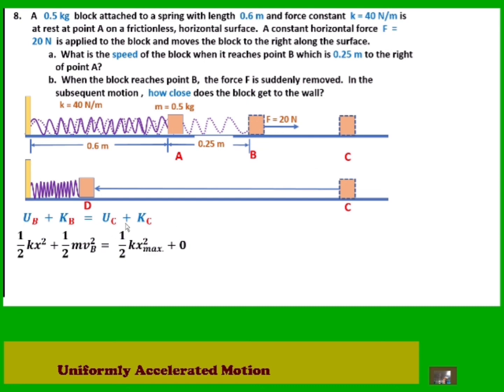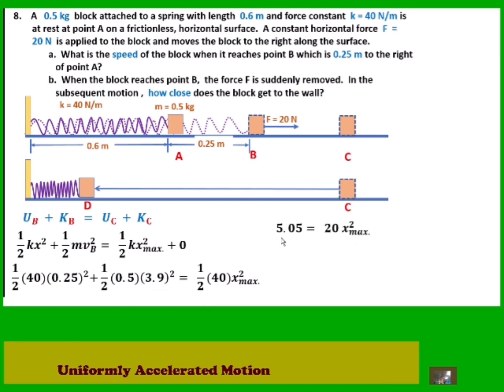At point C, its elastic potential energy is 1/2 k x maximum squared. At point C, its kinetic energy is 0 since it is at rest at point C. So substitute the values. k is 40, x is 0.25 at point B. Then the speed at point B is 3.9, k is 40. In this equation, we will solve for the maximum x value.